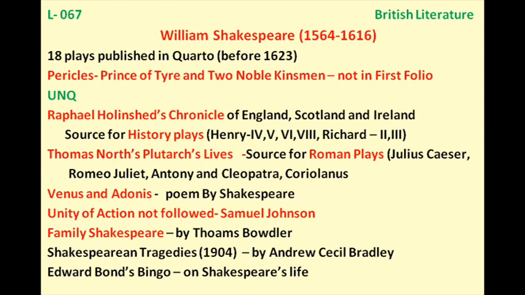So these are Roman plays because we have Roman characters. Such plays were inspired from Plutarch's Lives. So remember these two sources. The first is Holinshed's Chronicle for history plays, and for Roman plays we have Plutarch's Lives. So that is all we have about the references of his works.